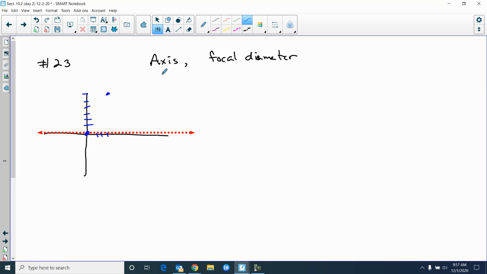The only way this could open is to the right. We want to find the standard equation. Since it opens to the right, it has to be of the form y squared equals 4ax.